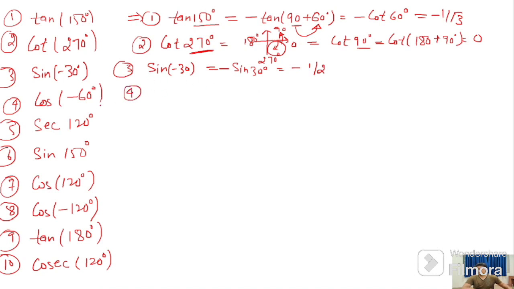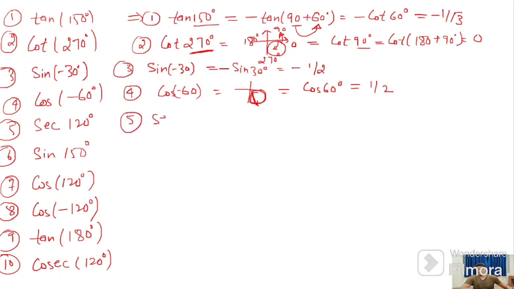Fourth question, cos minus 60 degrees. Minus 60 will be here in the fourth quadrant, where cos is positive, so cos minus 60 will be cos 60, and the value is 1 by 2.